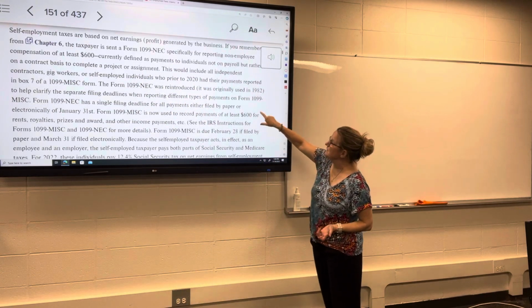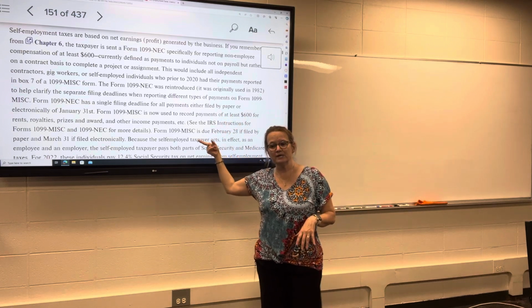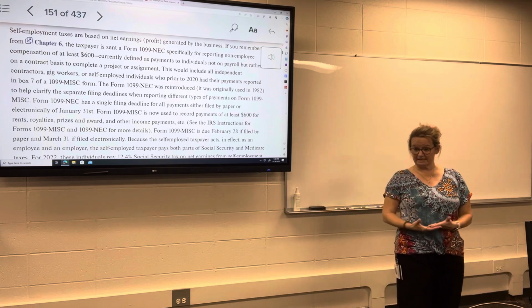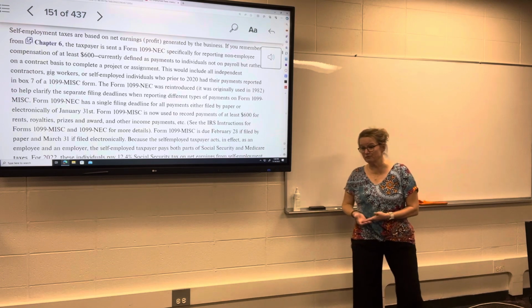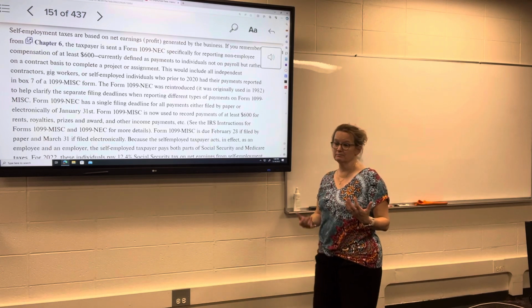It used to be, and I think I mentioned this before, that this non-employee compensation used to be reported on the 1099 miscellaneous reporting form, but that miscellaneous form included all sorts of different types of income.